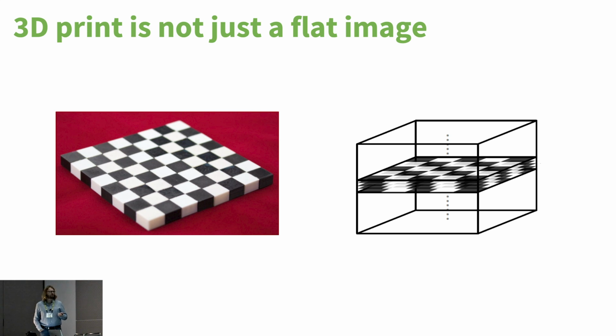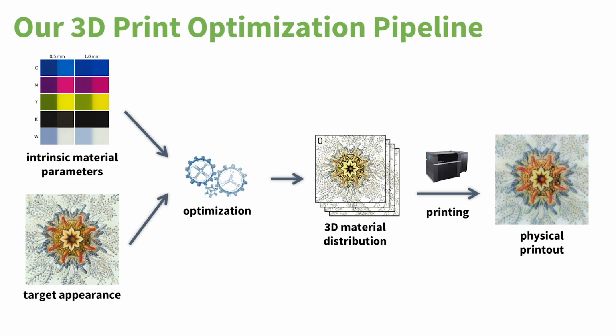We have a full 3D stack of these 3D inks that we want to optimize. We want to figure out how the full volume should look so that the texture looks the way it should. And after a good 2.5 years of not knowing exactly what we should be doing about it, we came up with a pipeline that looks as follows.